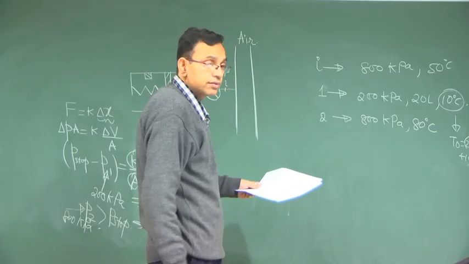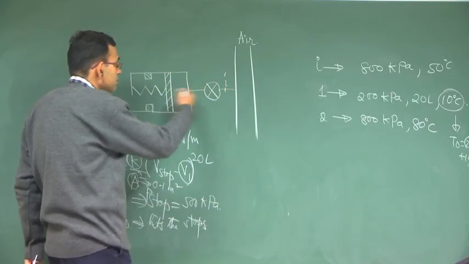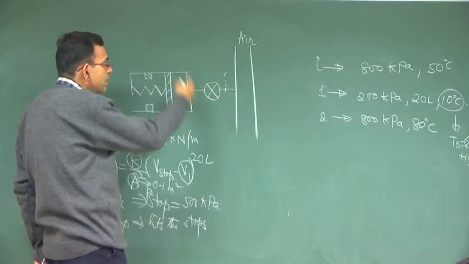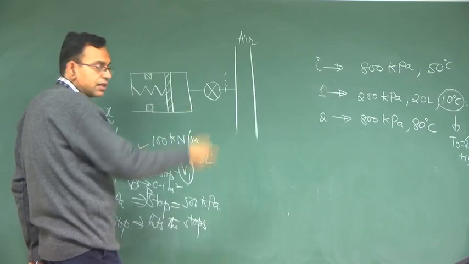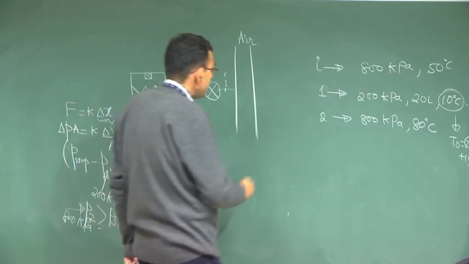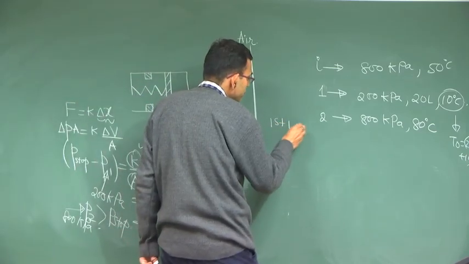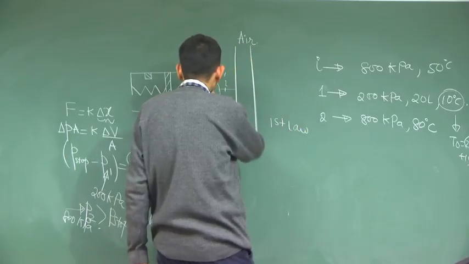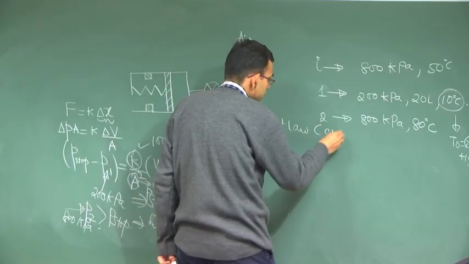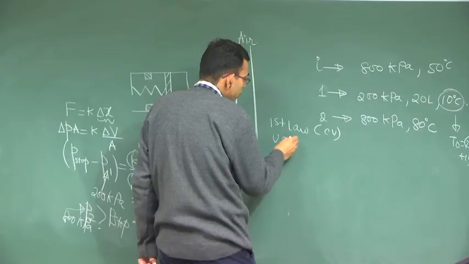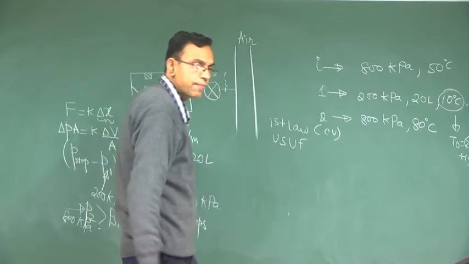There is no exit, only it is a tank filling with a variable area, that is the problem. So, if we apply the first law for the control volume, which is the cylinder, it is a uniform state uniform flow process.